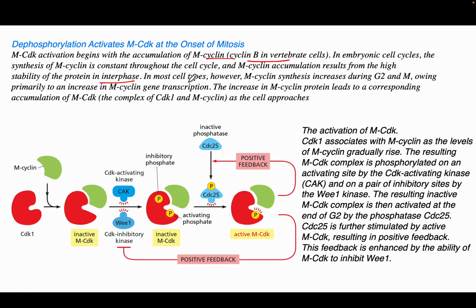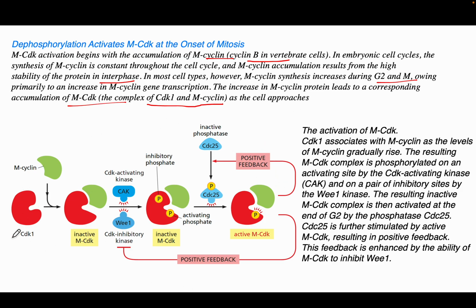In most cell types, however, M cyclin synthesis increases during G2 and M, owing primarily to an increase in M cyclin gene transcription. The increase in M cyclin protein leads to a corresponding accumulation of MCDK, a complex of CDK1 and M cyclin.